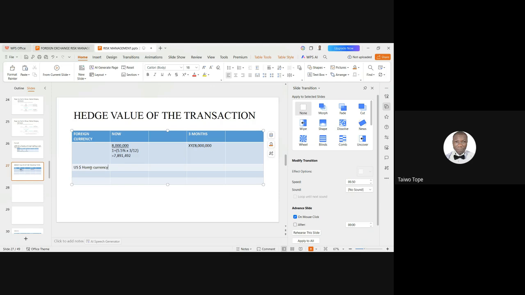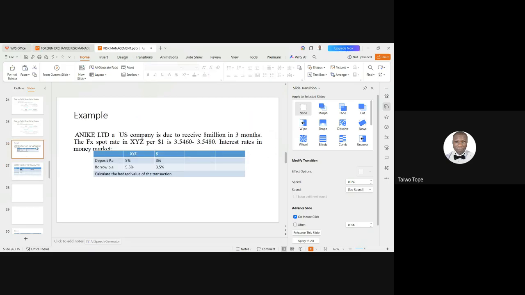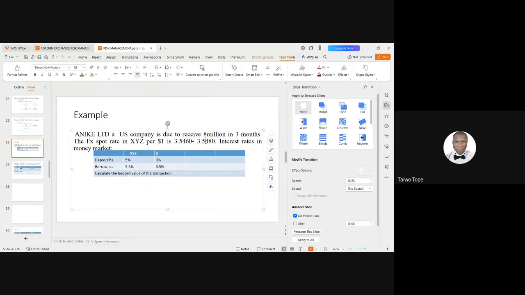Home currency. Now you are converting 7,891,492 to your own home currency. At what rate? At the spot rate. Is it the lower one or the higher value?